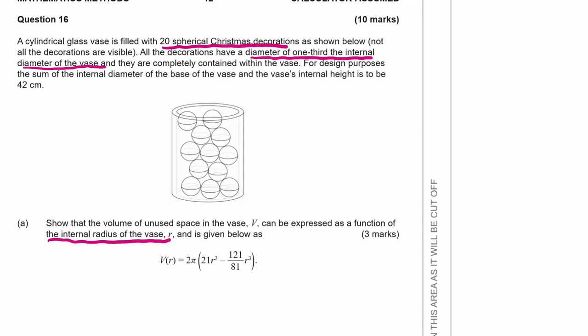So for the cylinder, the radius is R, and for each of the spheres it's going to be R divided by 3, or 1/3 R. They are all completely contained within the vase.